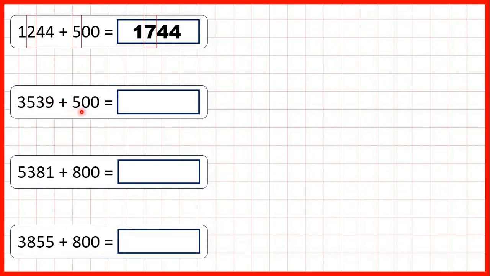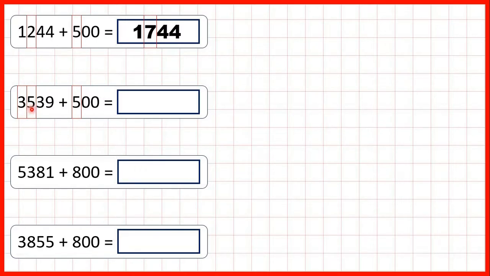Now let's try 3,539 plus 500. This time, when we highlight our hundreds digits, we have 5 plus 5. But that makes 10, which is a 2-digit number, and we can only have one digit in each place value. We can't write 10 in our hundreds place. Instead, what we need to do is look to the left and highlight our thousands digit as well, because if we have 10 hundreds, that will make an extra 1,000, so we know that the thousands digit has to change.